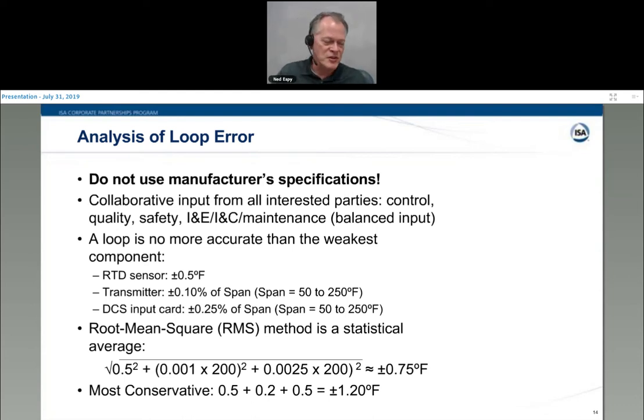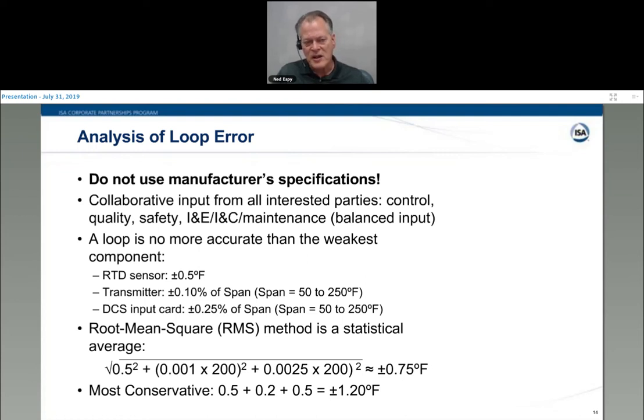So I guess what should you use? If we say don't use it, you should use your common sense. To me, it's a collaborative decision on what kind of error you need to make good product, and not only high quality, but do it safely without endangering anything or pushing something to the edge where it could cause a bad failure.